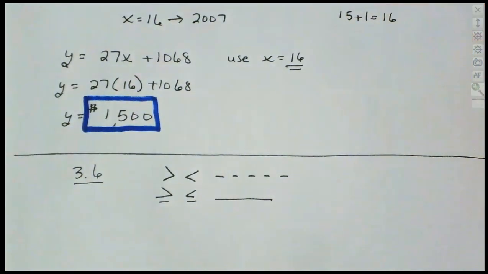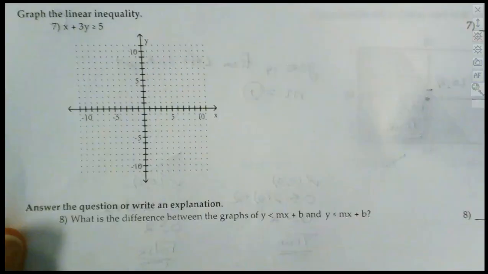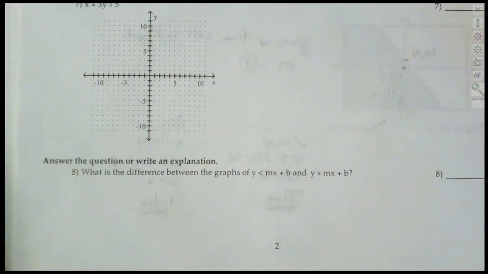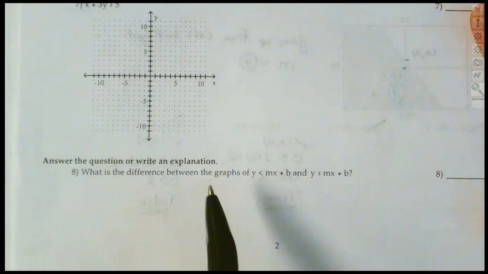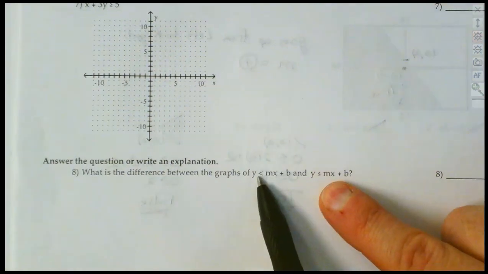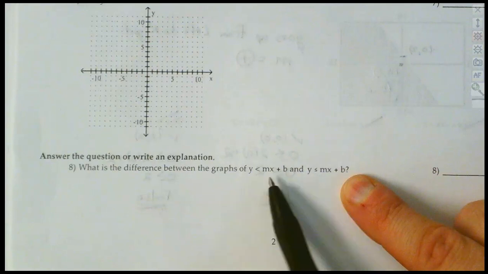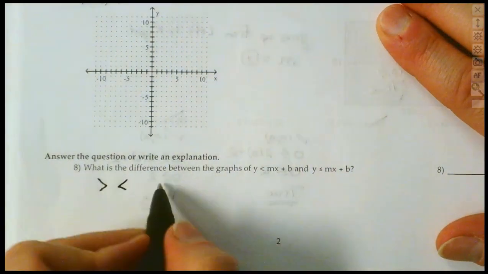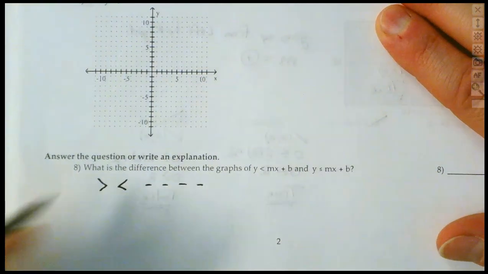And so we're now going to look at question 8 in 3.6. Okay, and question 8, we just kind of talked about that a moment ago. And it says, so what's the difference between this inequality and this inequality? Well, the difference is going to be that inequality symbol, right? And so all I really want is for you to understand that strictly less than, strictly greater than, those are going to get a dotted line.